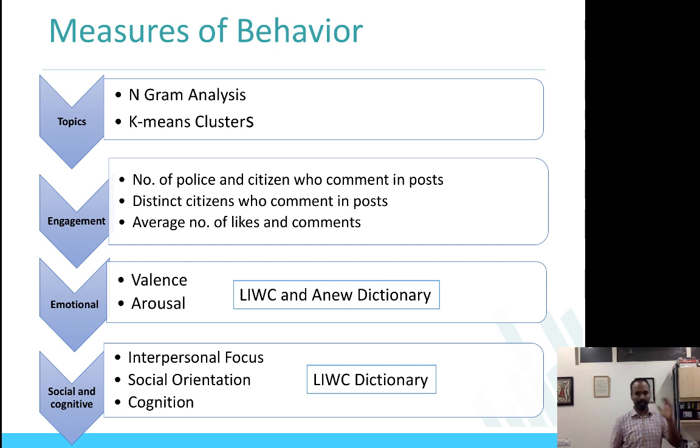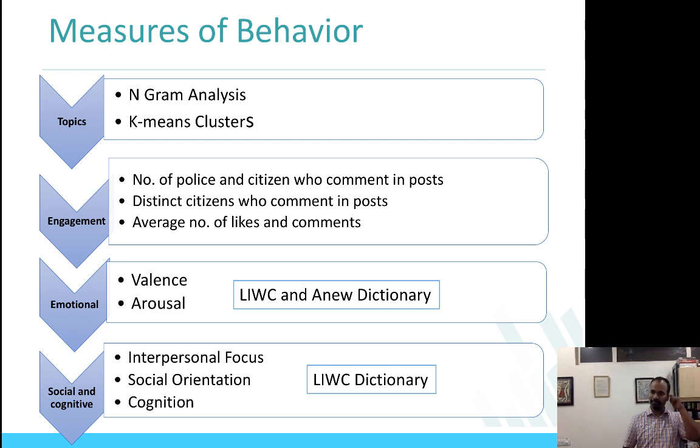LIWC takes input as text, a paragraph, let's assume, or a post from Facebook. Given this input, LIWC will produce different categories of concepts that are appearing in the content that was given to it. Which means if you give a paragraph which has a lot of positive words, a lot of happy words, it will produce a category as happy, which will be very high.